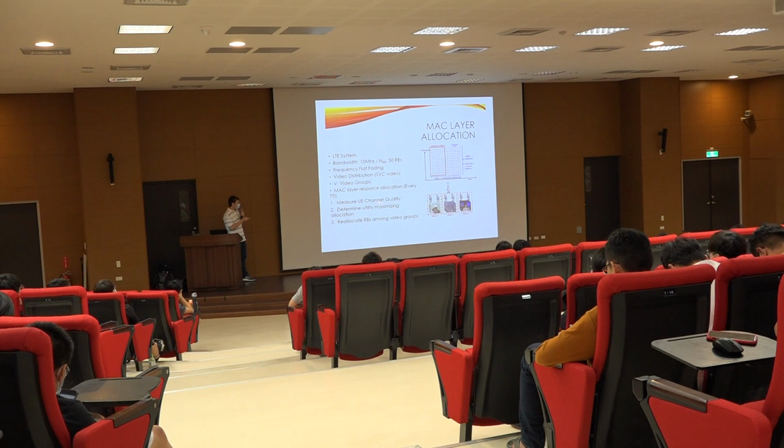So good channel quality says I can receive more, bad channel quality says less. So our allocation problem then reduces to determining a utility maximizing allocation, or reallocating resource blocks among video groups. So essentially, we now have multiple groups of videos and users competing for resources. So you can see this is a problem.